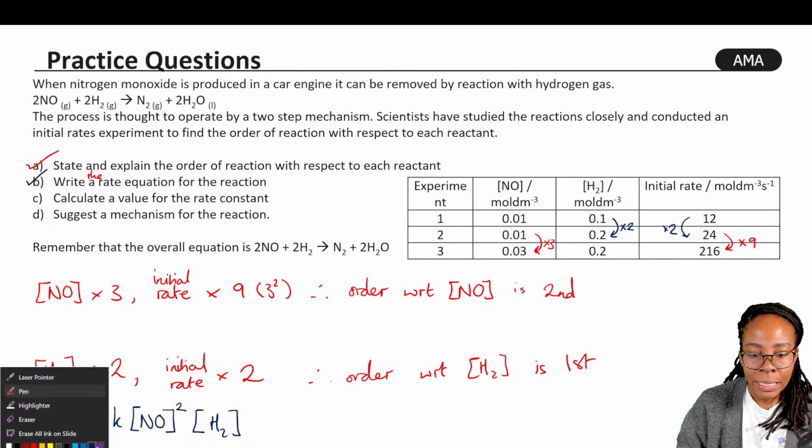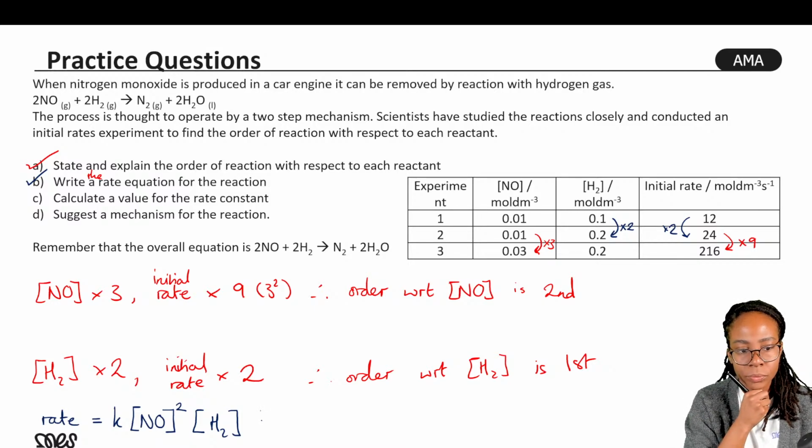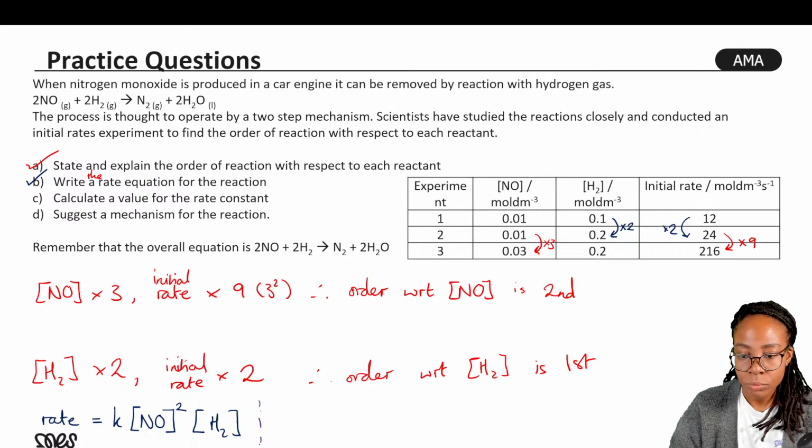Part C, calculate a value for the rate constant. How can we do that? How can we calculate a value for the rate constant? Any suggestions?